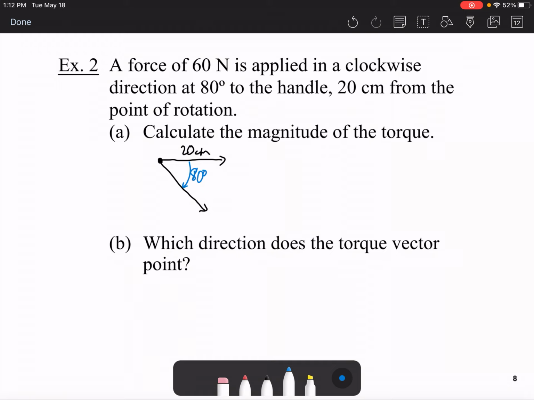So to calculate the magnitude of the torque here, we'd be using this formula. So the distance from the point of rotation is 0.20 meters. Our force being applied is 60 newtons. And the angle is 80 degrees.